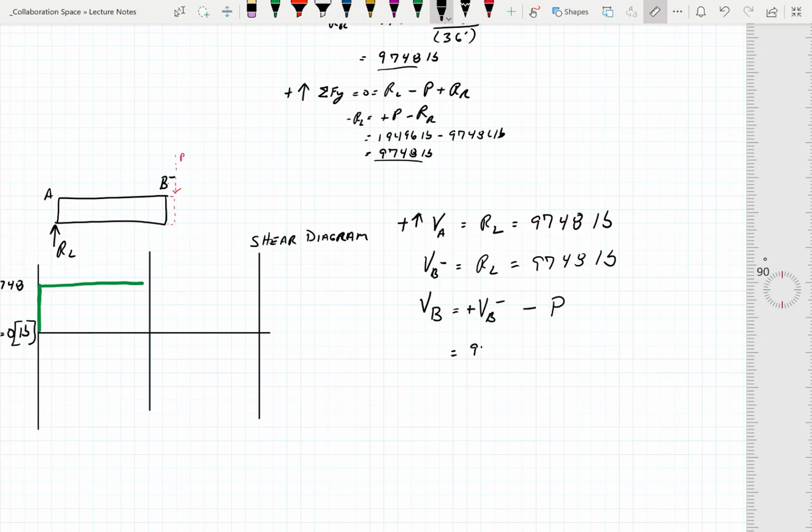Okay? So now with P added to this equation, we're looking for V at B, so it's going to be 9,748 pounds minus the 19,496 pounds. And what's that going to be? Anybody want to guess? Negative 9,748. Okay?